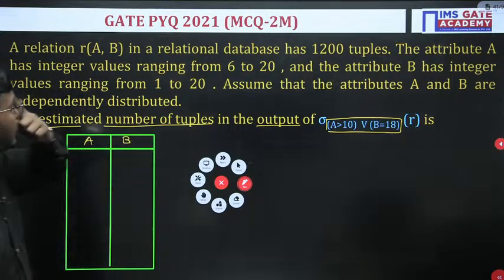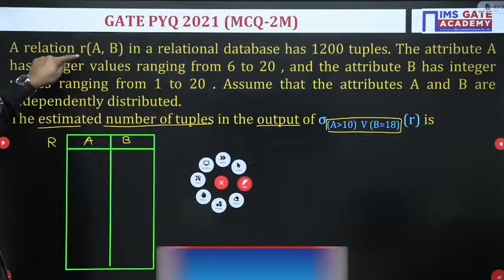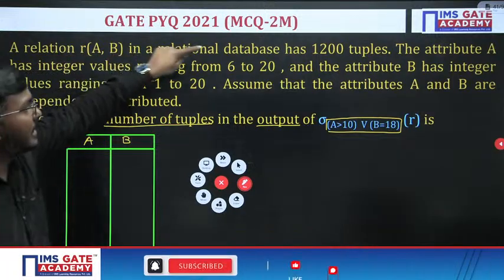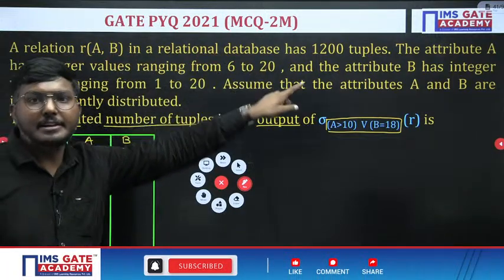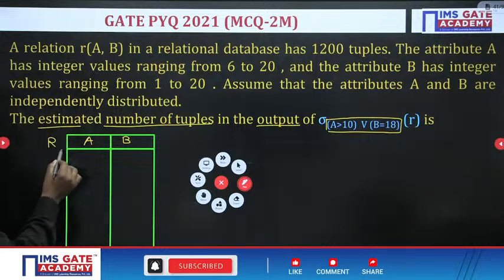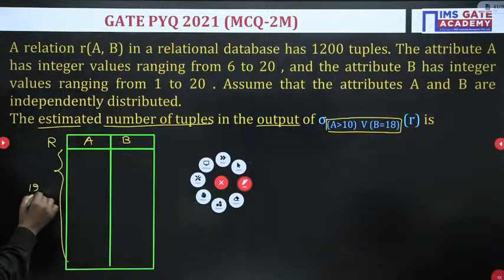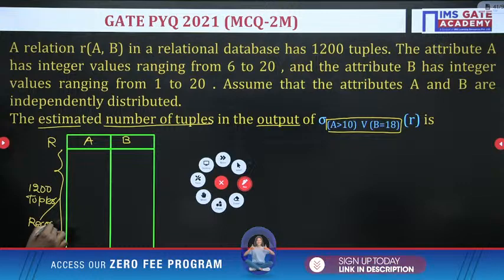So a relation R is given, having two attributes, A and B. The relation R in a relational database has 1200 tuples. 1200 means how many records are we having here? We will have 1200 records. Tuples or records, both are the same.